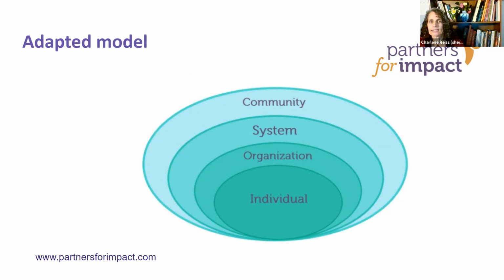And we look at how each of these pieces is operating to bring about community change, which is usually what the organization is trying to achieve. But it really needs to be looked at and teased out at these different levels.